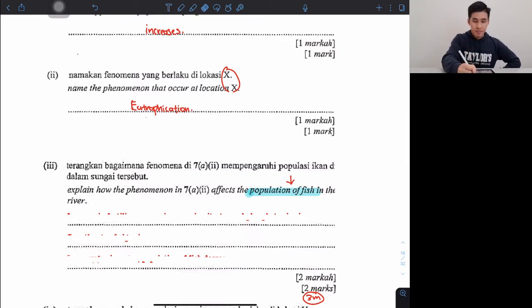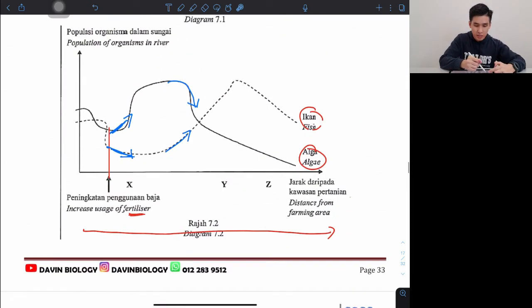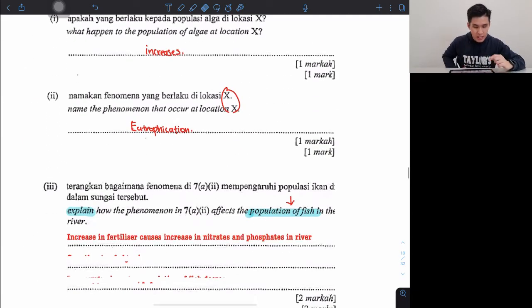So I first start by saying, because there is fertilizer, here they say already put in fertilizer, so got fertilizer means we'll have a lot of nitrate and phosphate. So I start off like that. Increase in fertilizer increases the nitrate and phosphate. So got nitrate, got phosphate means algae grow.